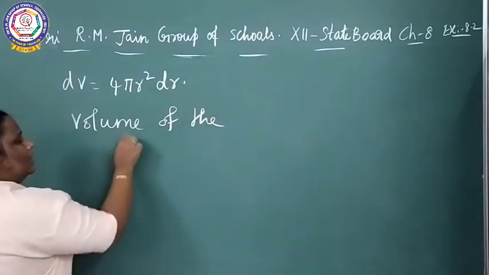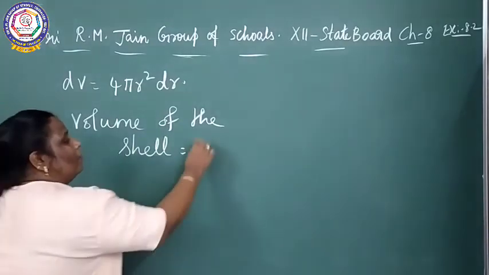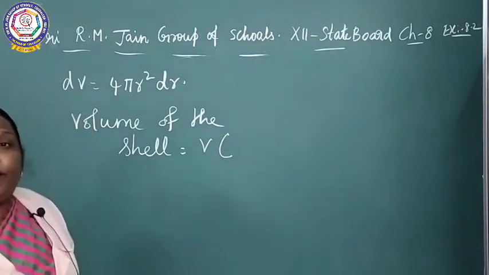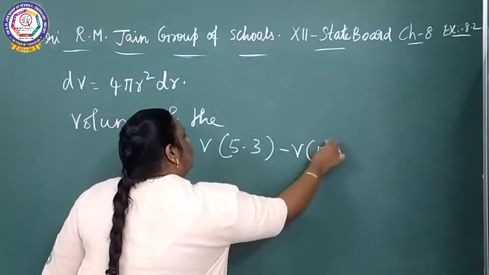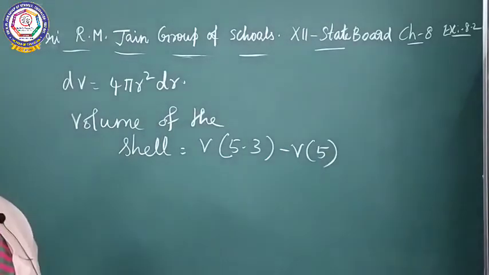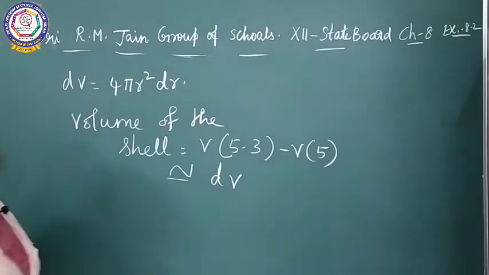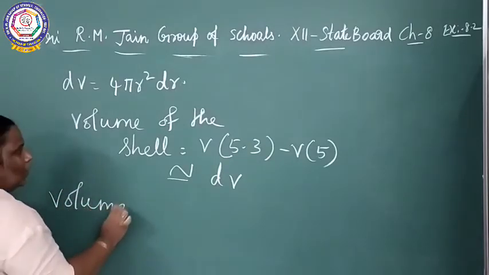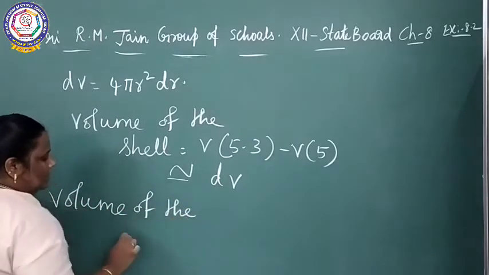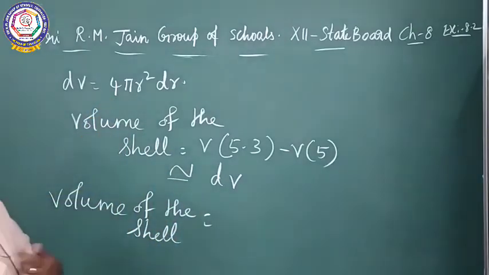Now you should find out the volume of the shell. The volume of the shell is nothing but V of 5.3 minus V of 5. If you want, you can do it like this, or you can do it straight away. It's approximately the value of dV, so you can substitute everything in dV, the approximate change in volume.